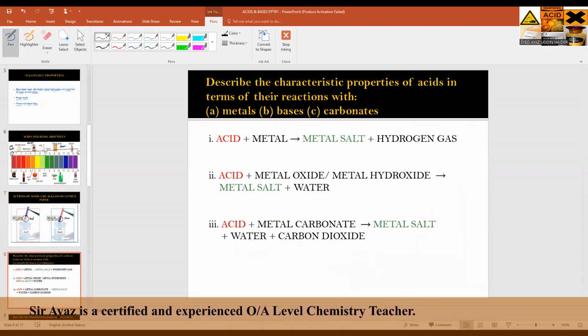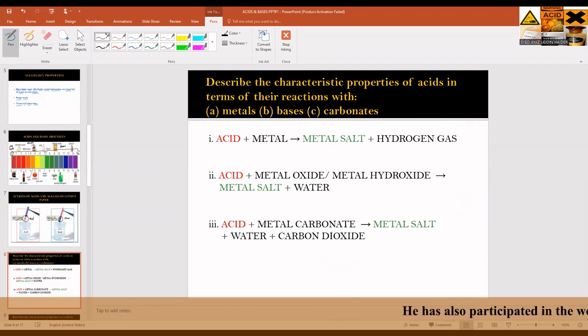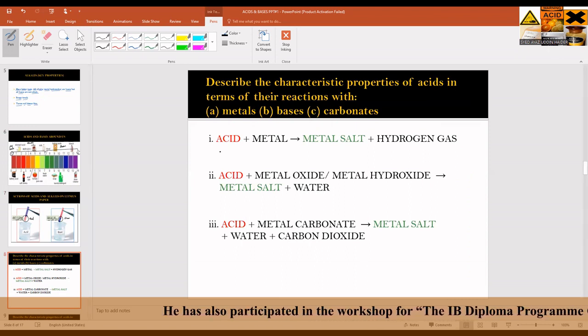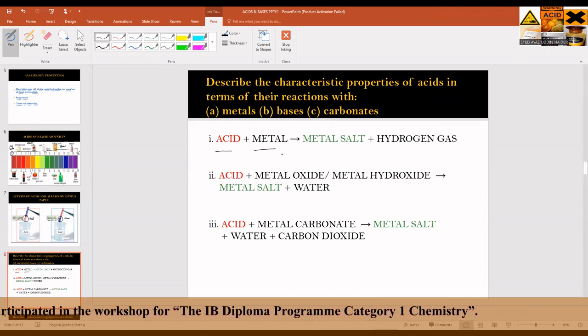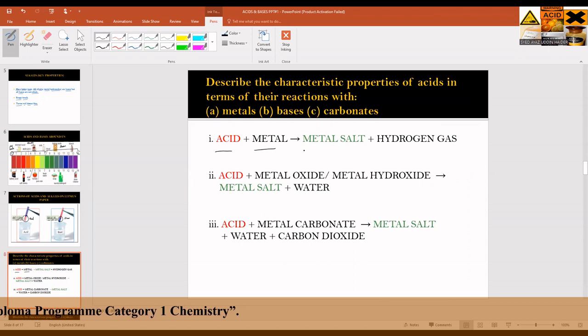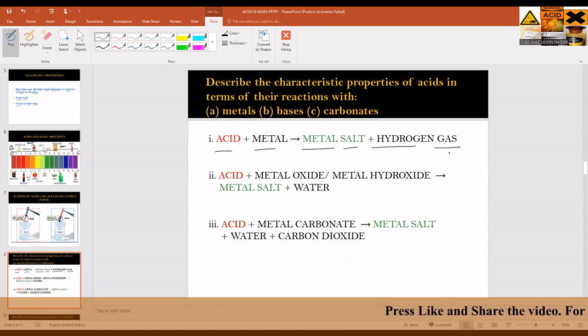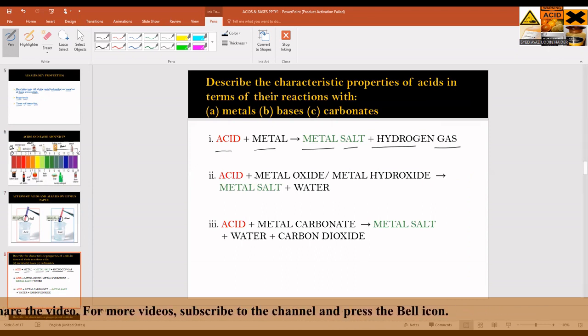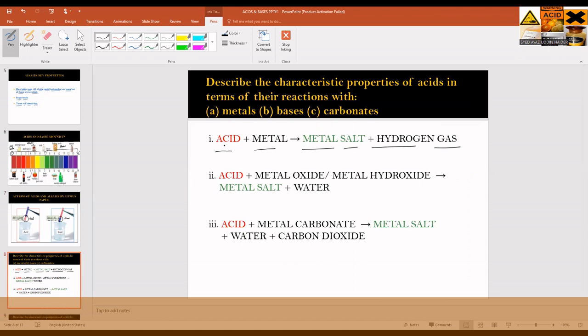Now let's talk about some characteristic properties of acids in terms of their reactions with metals, bases, and carbonates. Whenever you react acid with metal, you will always get two products, metal salt plus hydrogen gas. You see, I have used red color for acid because it's the common reactant in all these reactions.